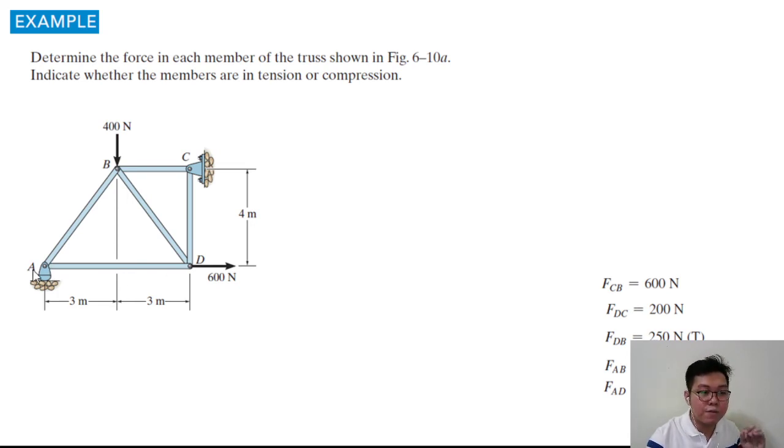Now, pag na-solve ko na ang AB, pwede ko na i-consider ang joint B. Bakit? Kasi ang joint B, dalawa na lang ang unknown. Sabi mo, sir, tatlo yung unknown sa joint B. Yes, tatlo: BC, BD, and BA. But since na-solve ko na ang joint A, I can actually have the value of BA. Therefore, dalawa na lang yung unknown ko, BC and BD.